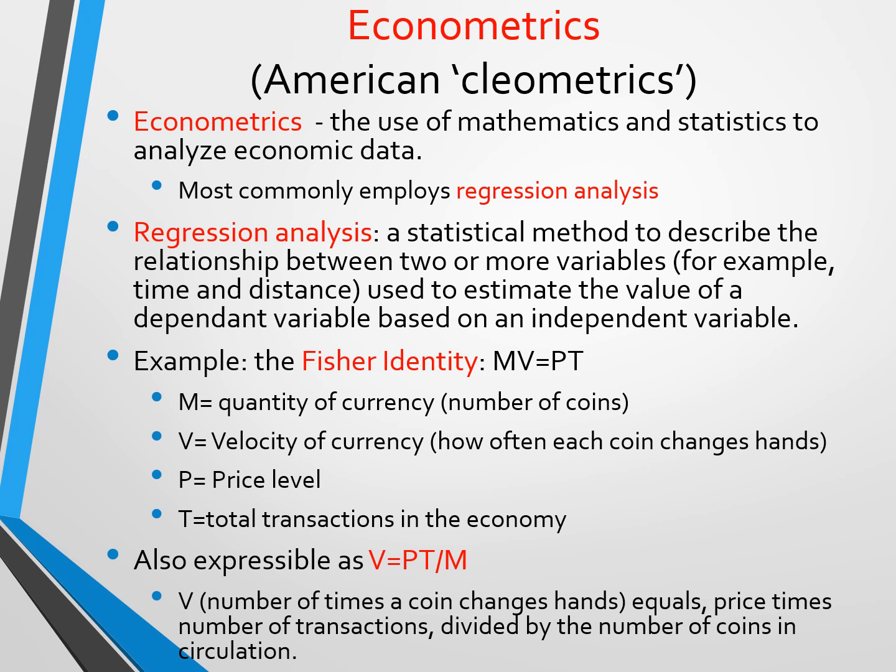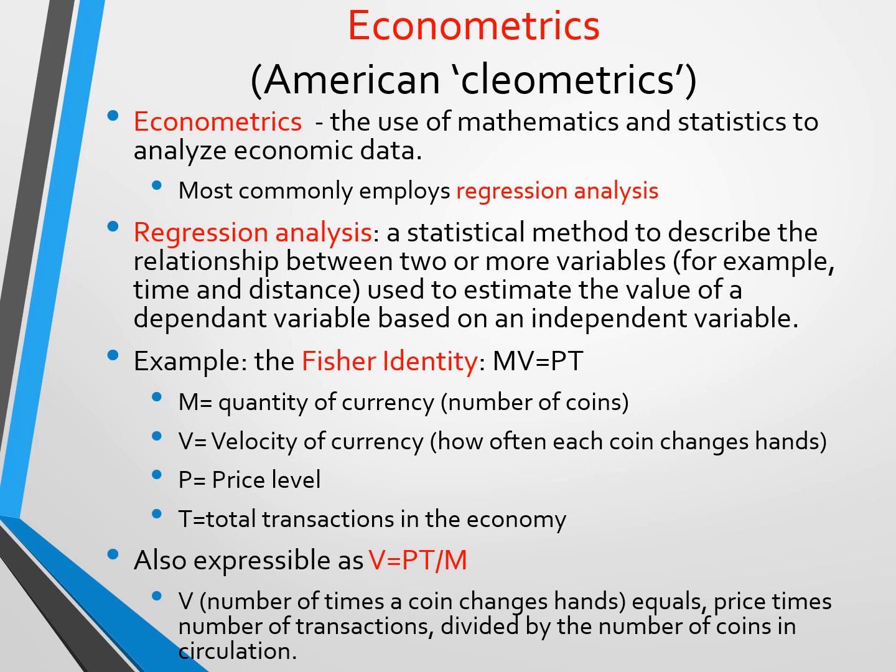And when you put two variables next to each other, it means you multiply them. So M, the number of coins in circulation, multiplied by V, the velocity of circulation, how often each coin changes hands, is equal to P, the price level, multiplied by T, the total number of transactions.